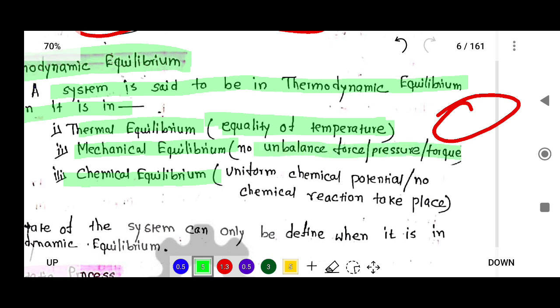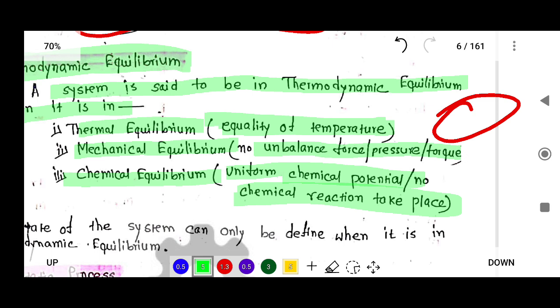This is known as mechanical equilibrium. And inside the system, if there is a uniform chemical potential and no chemical reaction takes place, then you can say that this is the chemical equilibrium. Chemical equilibrium means uniform chemical potential or no chemical reaction takes place.